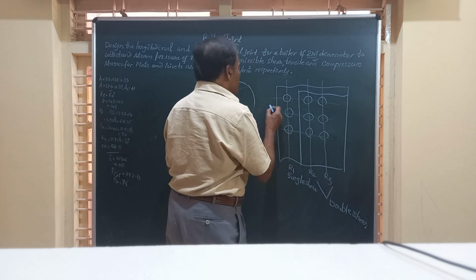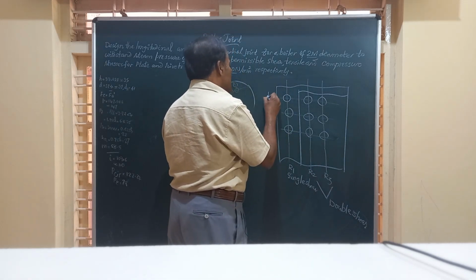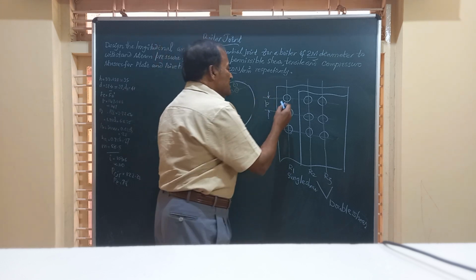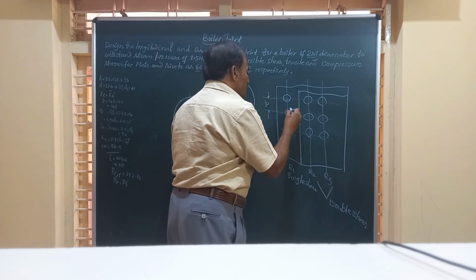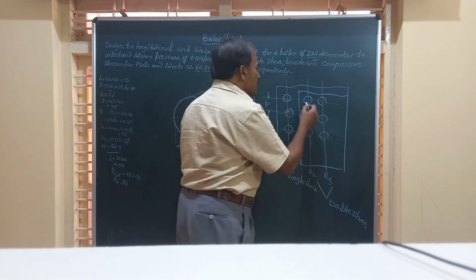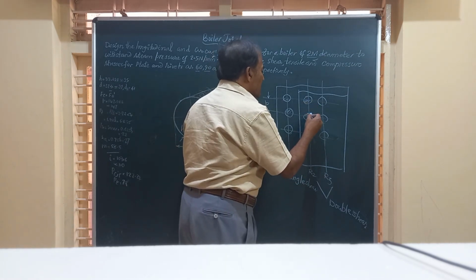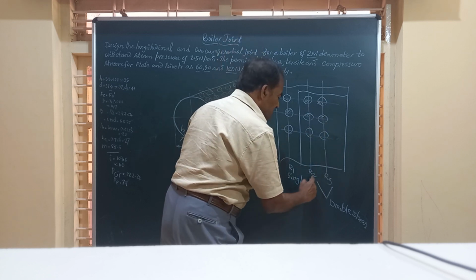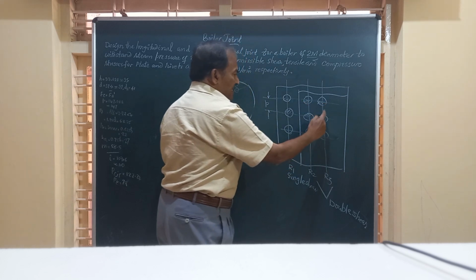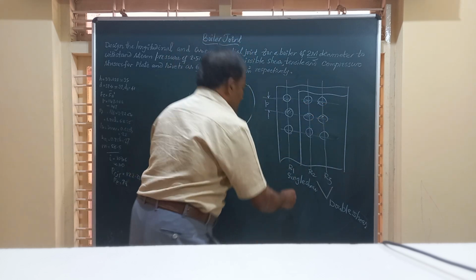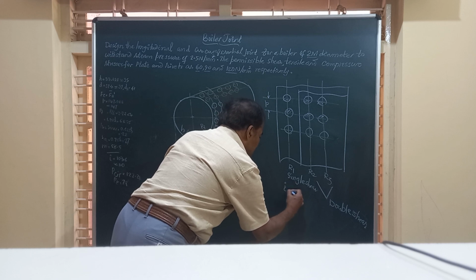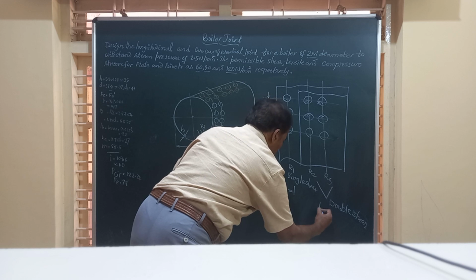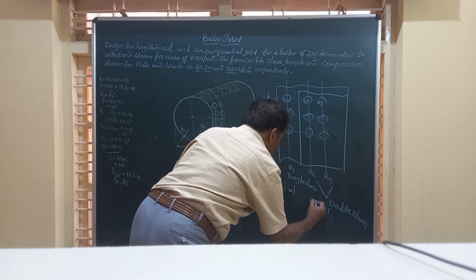And if you take one pitch length, this is called the longitudinal pitch. Along one pitch length, there will be half of one rivet in single shear, and again half here. So the number of rivets failing by single shear is 1, half plus half.